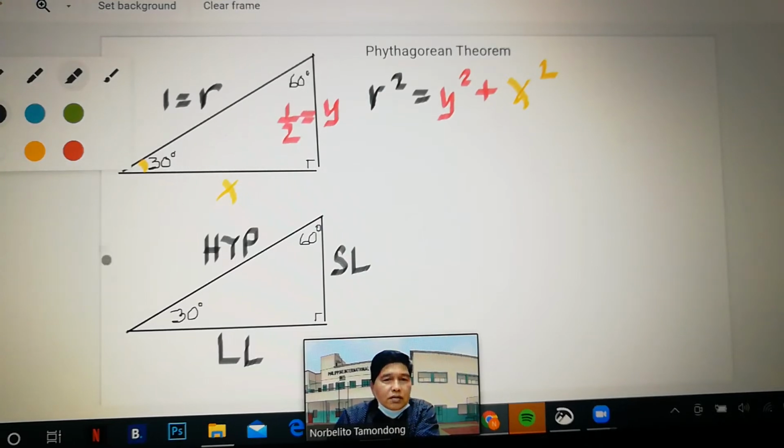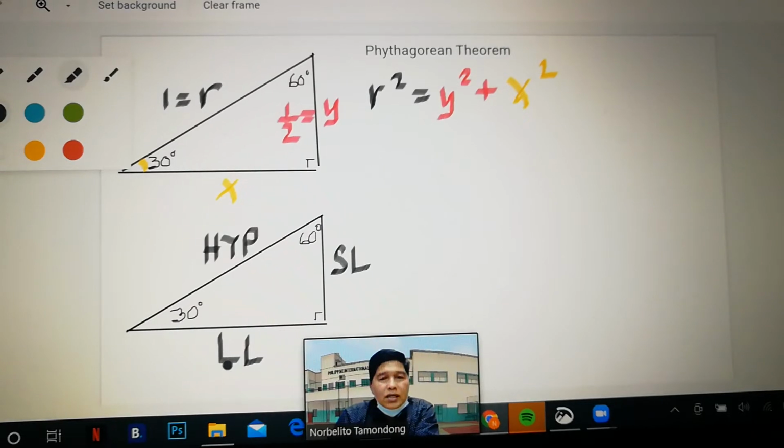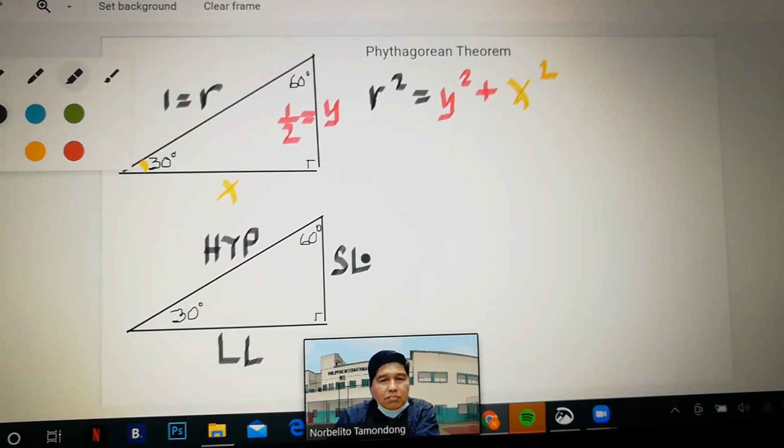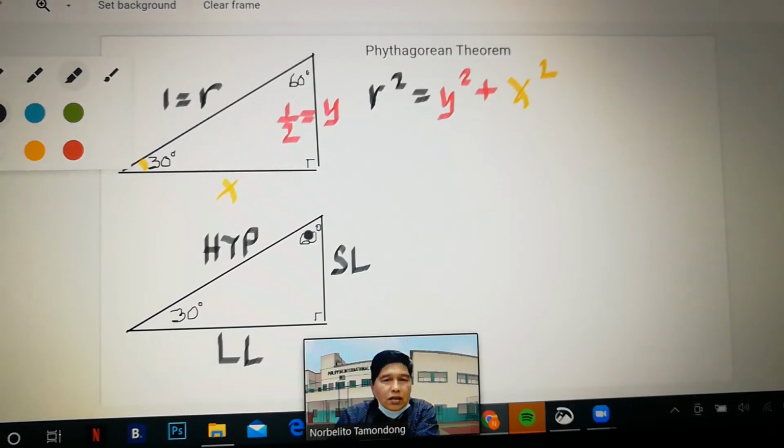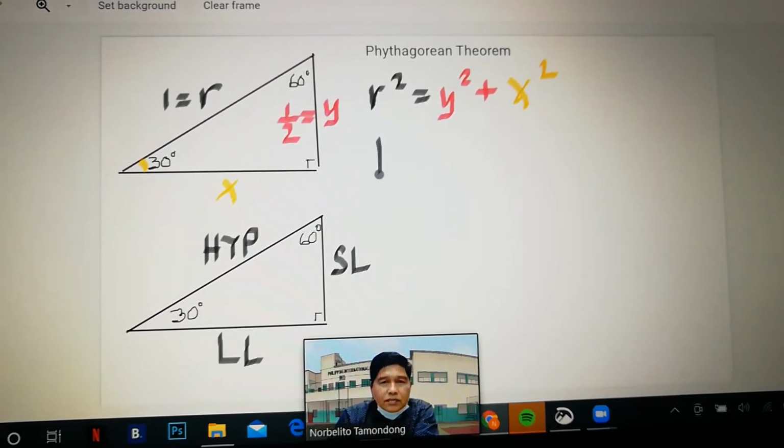So here are the two legs, the shorter leg and then the longer leg. The shorter leg being the opposite of your 30 degree angle, and then the longer leg being the opposite of your 60 degree angle. Now if R is equal to 1, then replace R by 1. Okay, based from here.